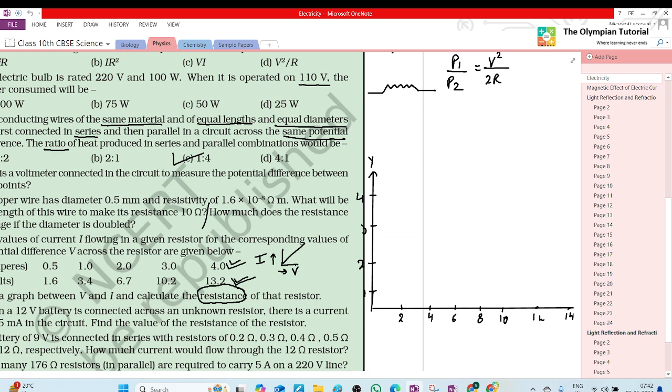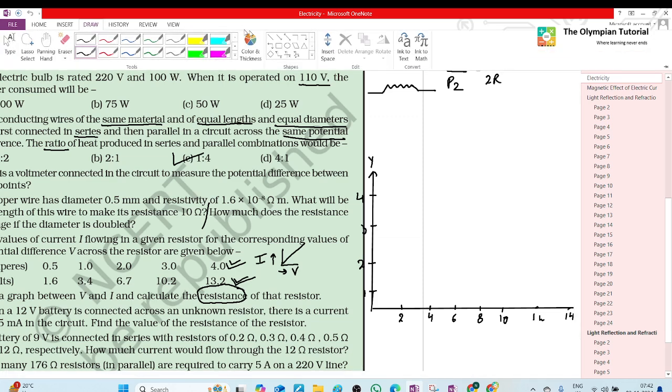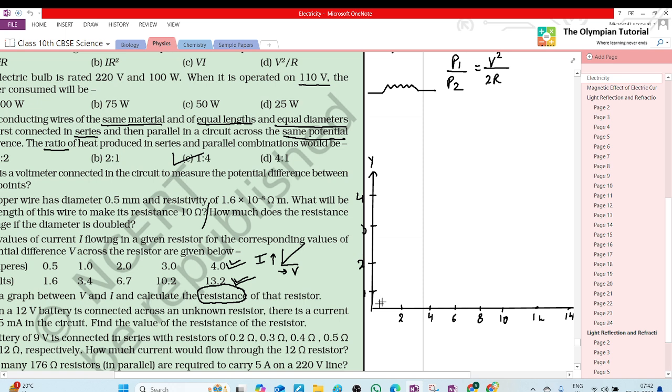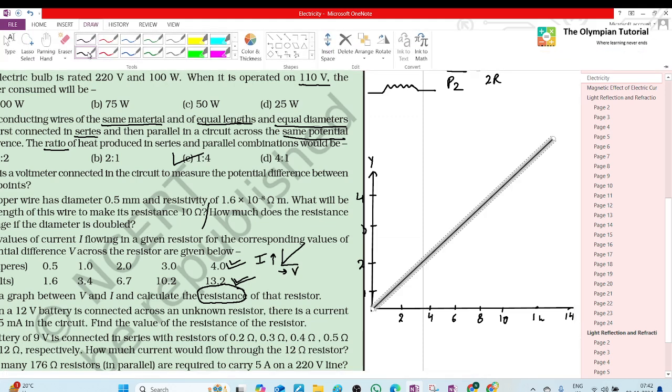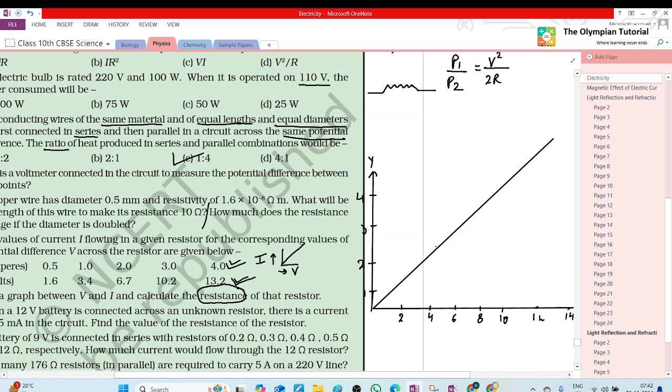Ma'am, I don't know. Okay. So what we will do, suppose a straight line you are getting like this. I am only helping you. You pick only 2 points. Actually, what is resistance? Resistance is the slope.